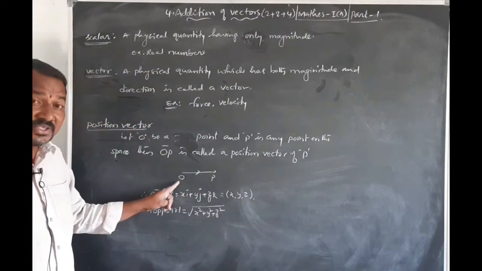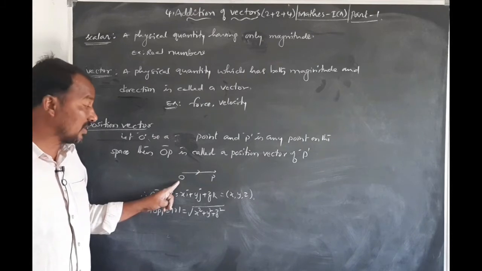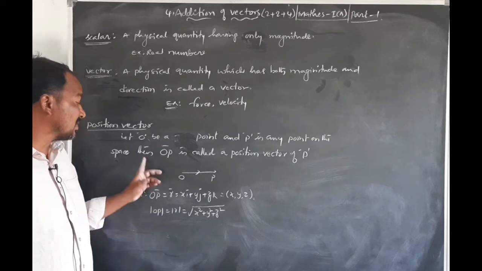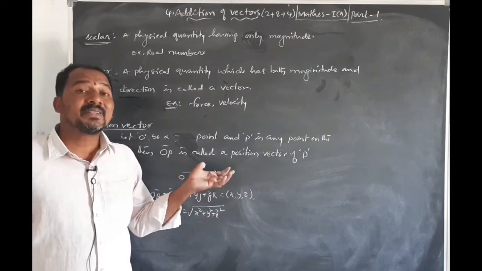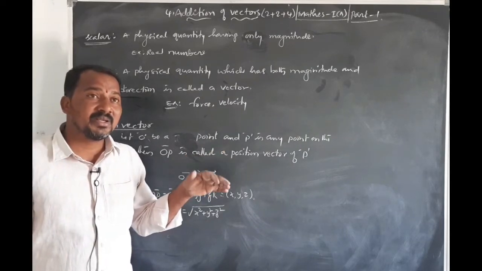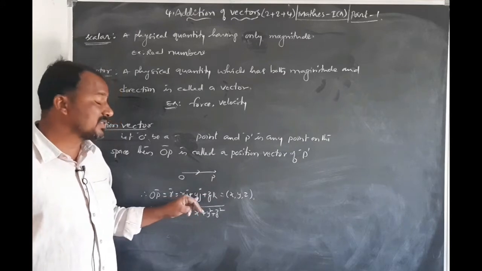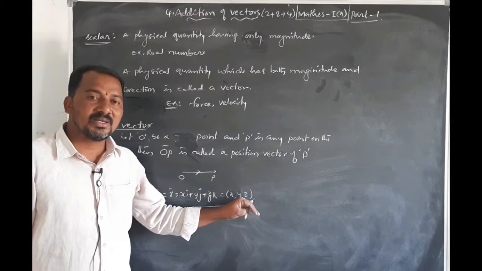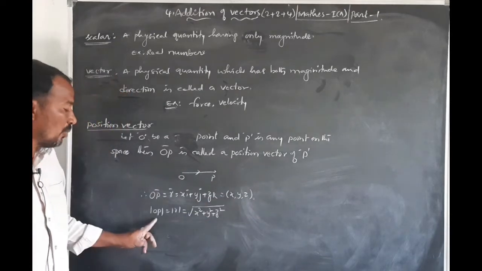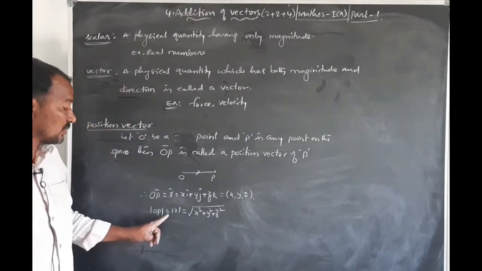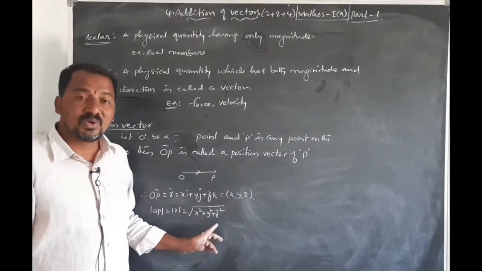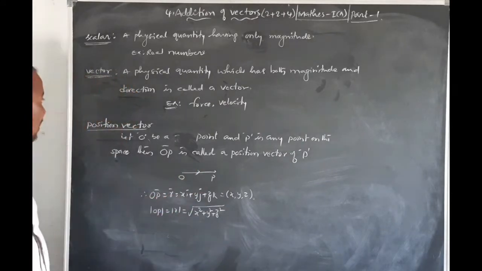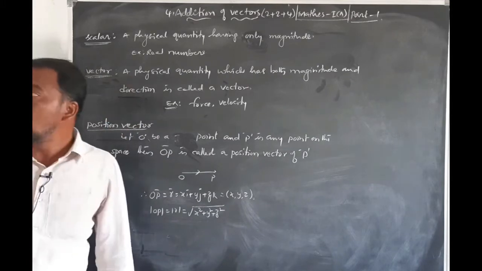So O is the initial point of the vector OP. In 3D, three dimensions, OP equals xi plus yj plus zk. It is written as x comma y comma z. It is a point. So modulus of OP equals mod r equals under root of x square plus y square plus z square. It is called the position vector of P, OP.